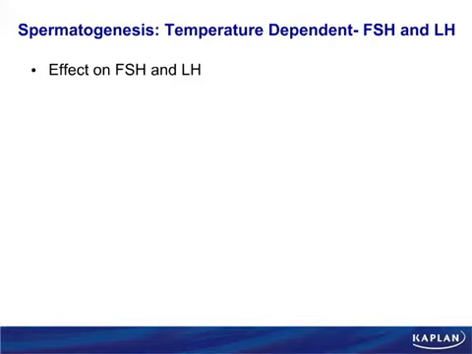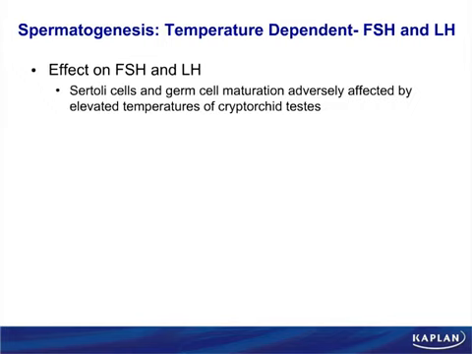So FSH stimulates Sertoli cells to nurse the sperm. Sertoli cells don't actually make the sperm. The same way if I sent you to an apartment to rent, the apartment didn't make you, but it does nurse you and keeps you happy. And the Sertoli cells nurse it up so it can grow.